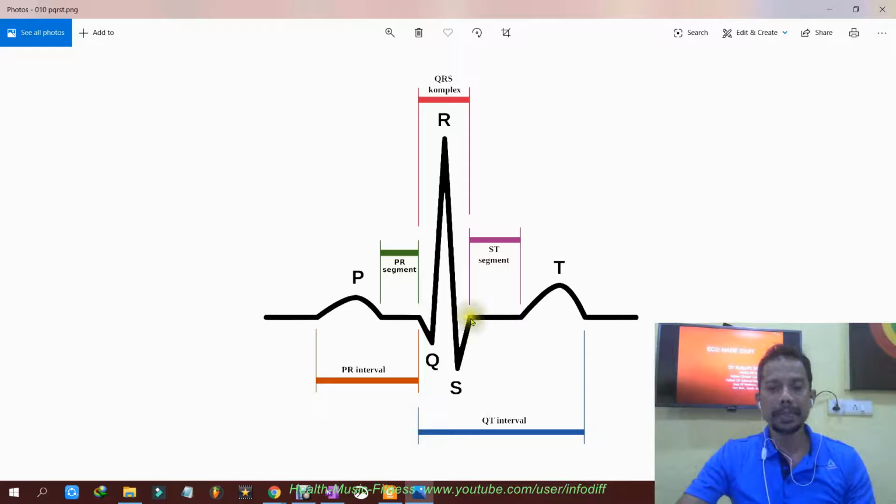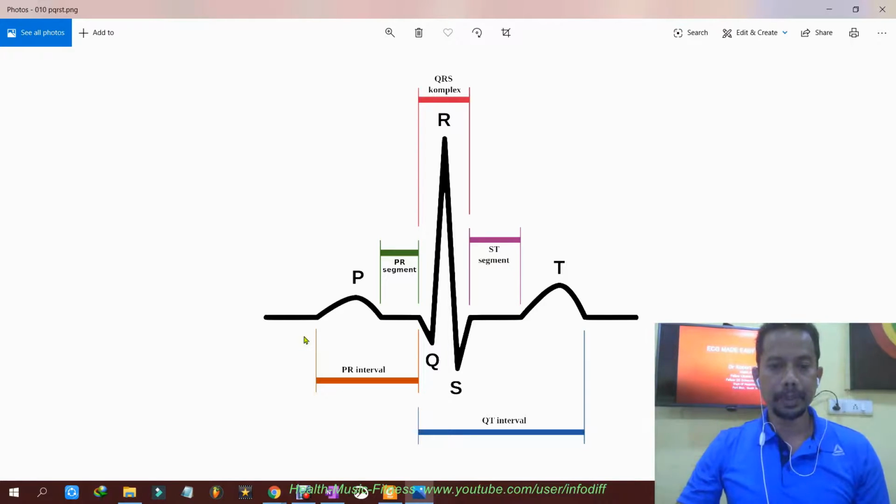But sometimes the first sign of MI occurring will be that the distinction between where ST is ending and where T is beginning is lost. So ST sort of merges into the proximal limb of the T wave out here. You will find it very difficult to say, okay, out here ST is ending and here T is beginning. So that can be the first sign of acute MI.